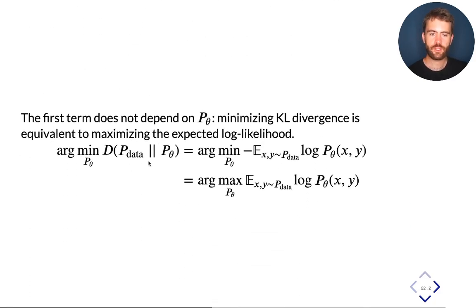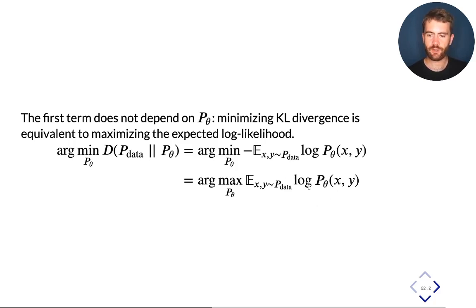So in other words, if we're minimizing the Kullback-Leibler divergence over the space of models, then it's enough to look at the second term, which is then equivalent to maximizing this value. And now this brings us to the main principle that we wanted to cover and present in this lecture and video, which is maximum likelihood estimation.